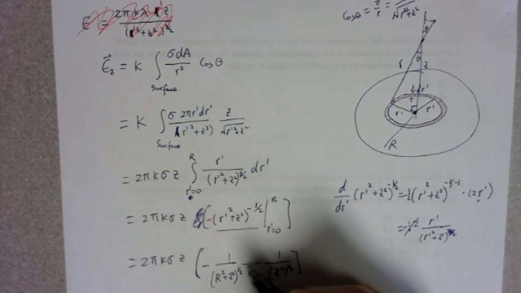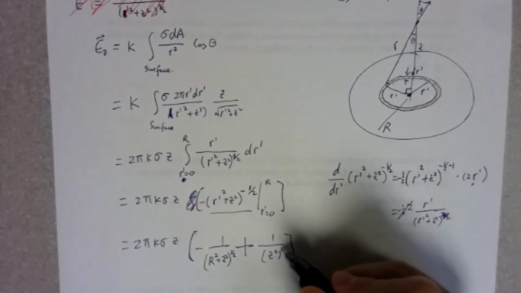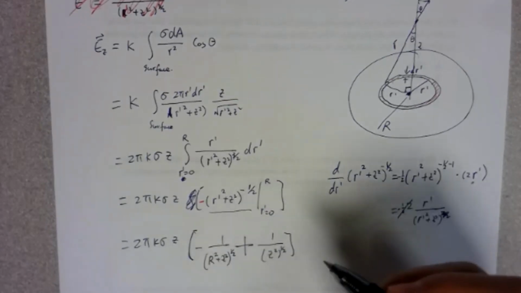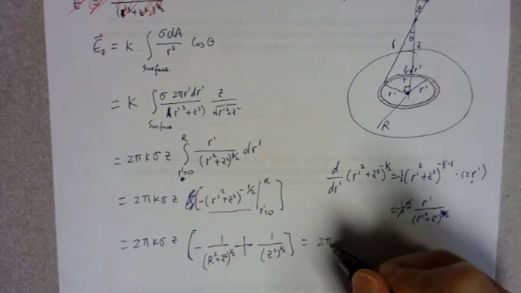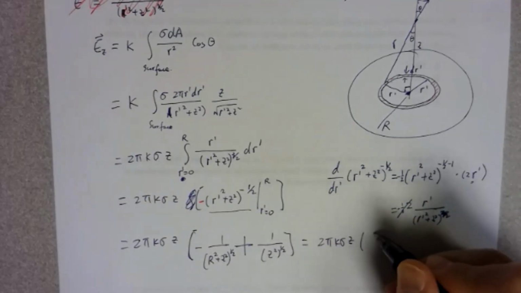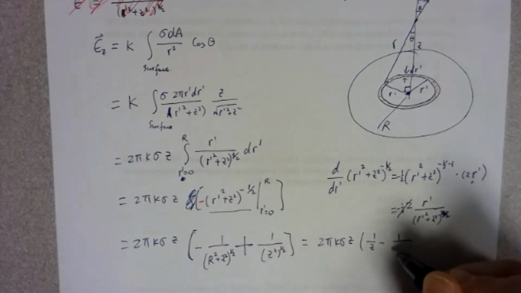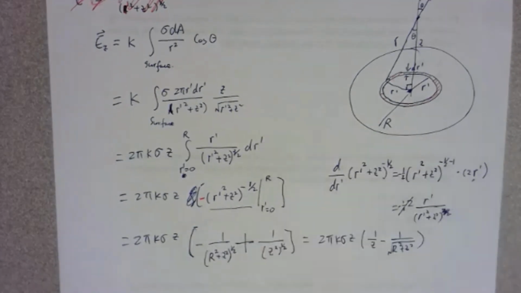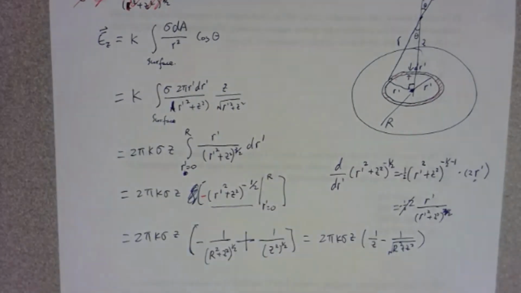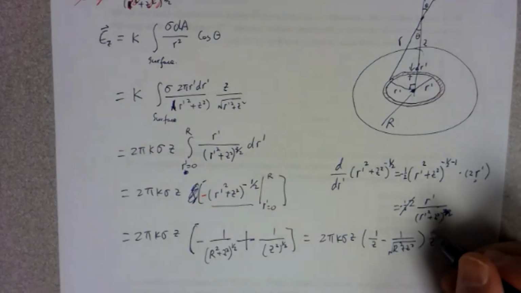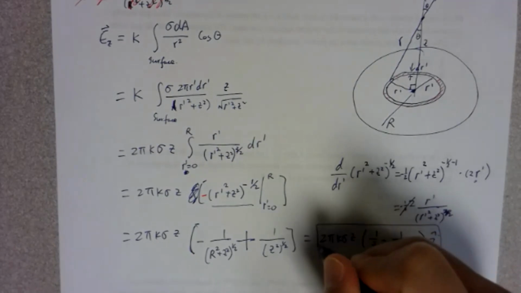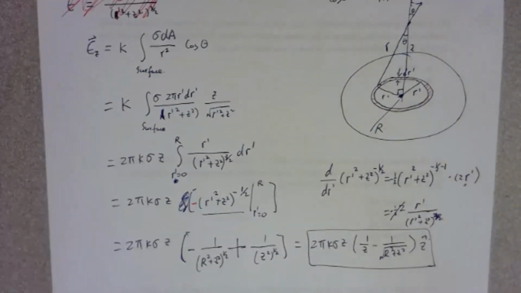So minus becomes positive. Okay, so then z squared to the 1/2 becomes 1 over z minus that guy. Okay, so your result is 2 pi k sigma z times 1 over z minus 1 over r squared plus z squared, and that is in the square root, or to the power of 1/2, that means square root, okay? And that should be in the z direction only, right? That's your final result for this guy, okay? All right.